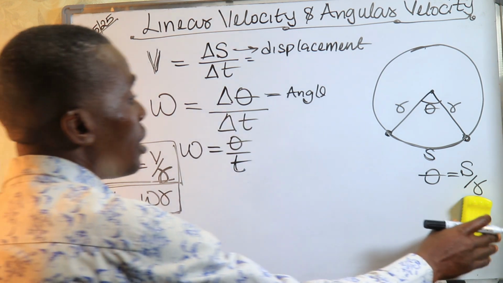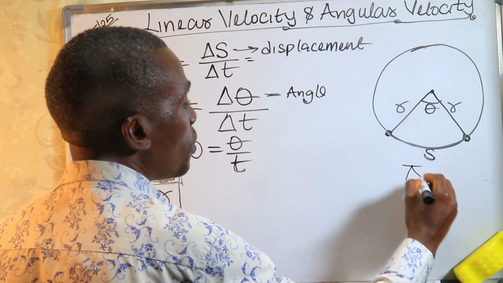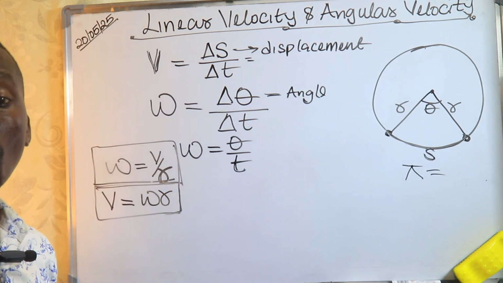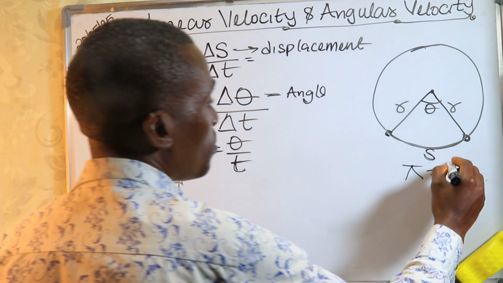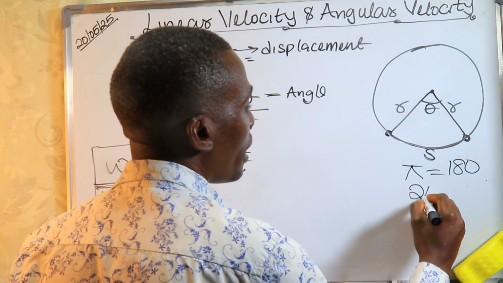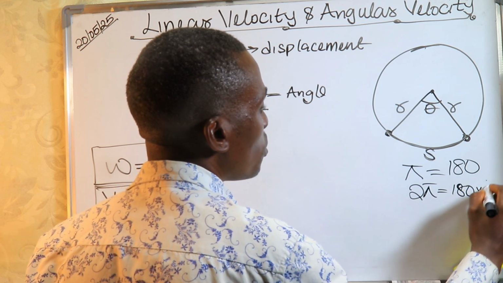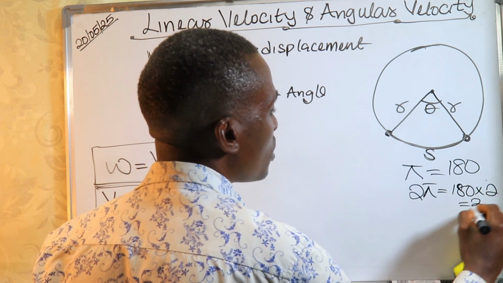Remember, our theta always equals pi, which is 180 degrees. Pi is 180 degrees. Now if I say I have 2 pi, it will be 180 times 2, and that will be equal to 360.